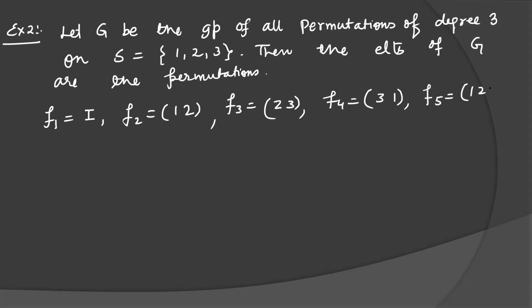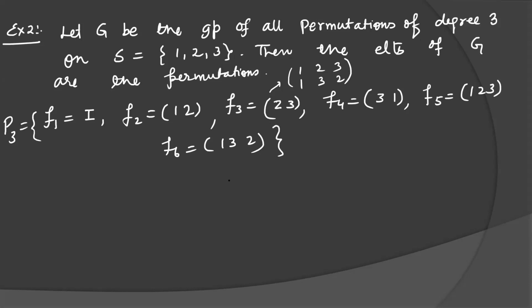F5, and F6 is equal to 1, 3, 2. If you want, you can write like this 1, 2, 3. Suppose for F3 you want to write 1 is mapped with 1, 2 is mapped with 3, 3 is mapped with 2. So this is also an element of the permutation group P3. If you take the group here, it is the P3 group. I already told you.